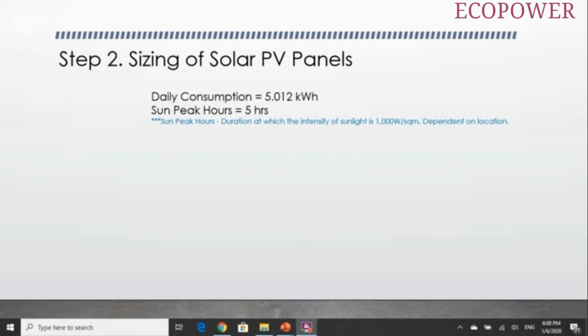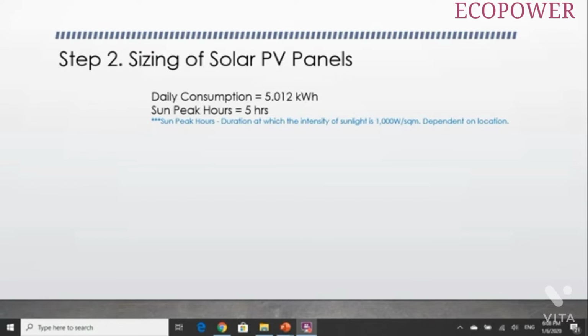The sun peak hours is the duration at which the intensity of sunlight is at 1000 watts per square meter. The average sun peak hours is usually around 4 to 5 hours, and that value varies as you move away from the equator. There are locations where they have longer days and some will have longer nights.